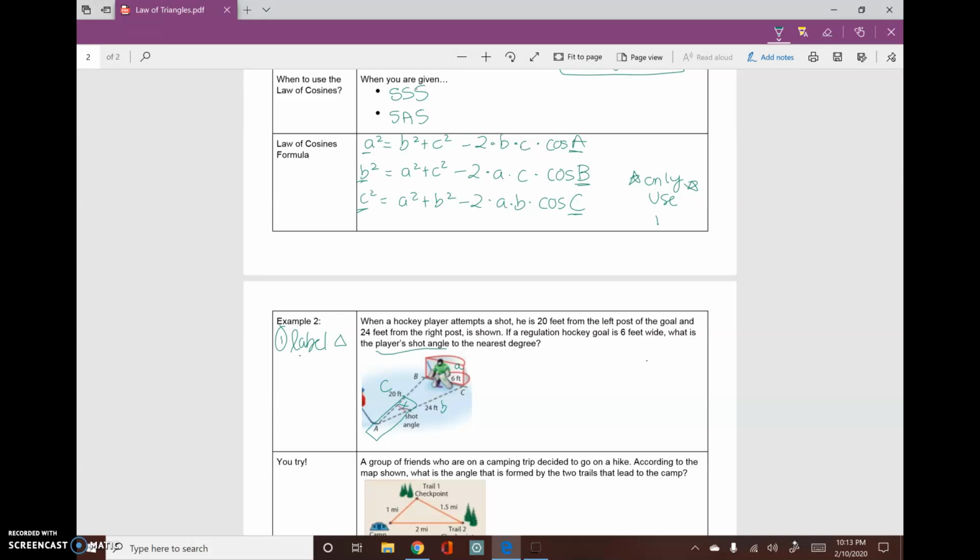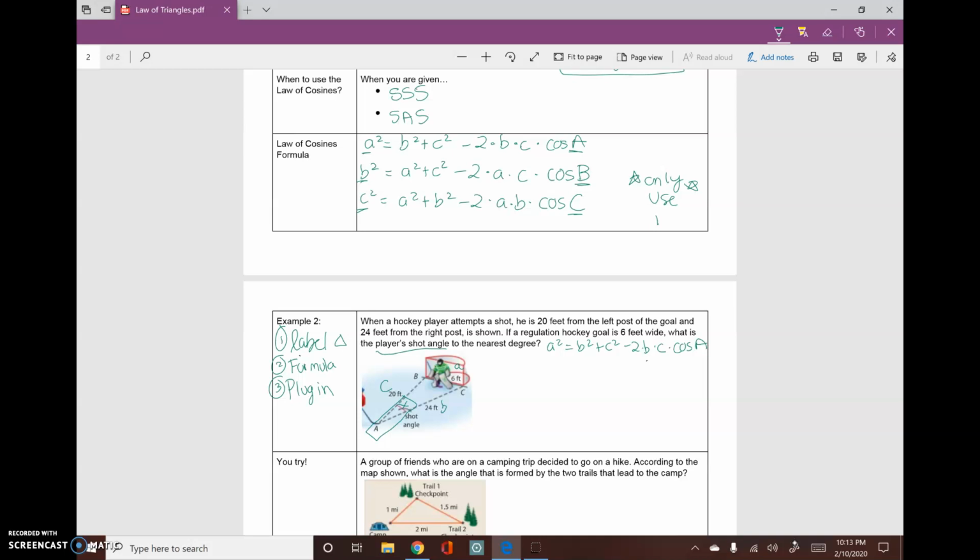So then for cosine, it's easy. Since I need A, that means I am going to start with the formula that has A in the beginning. And then we just plug it in. So formula, you choose one, we plug in.